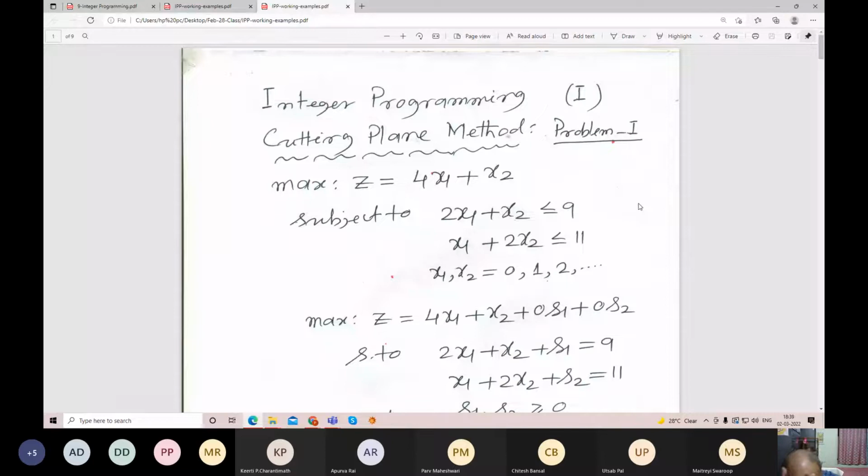If you find the solution is integer, nothing to do. If it is non-integer, we'll formulate a cutting plane, and that cutting plane will help us to move from the non-integer solution to an integer solution.